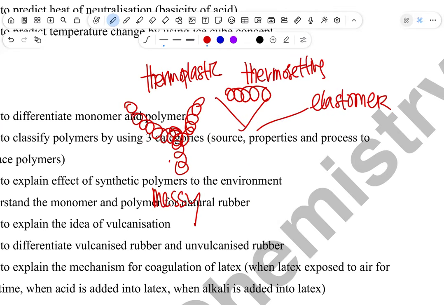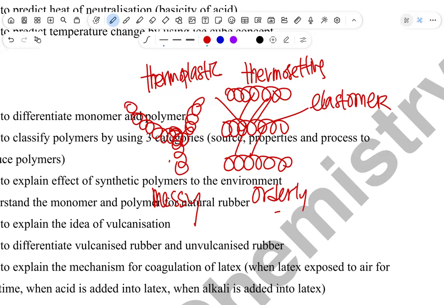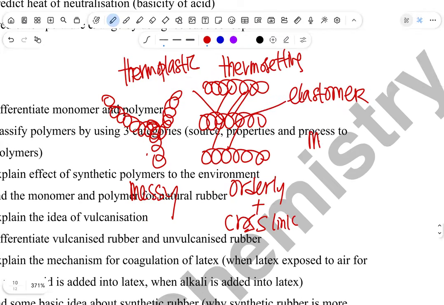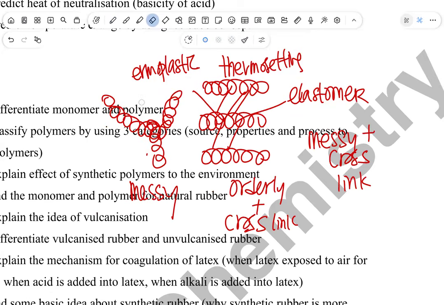If it is very orderly and has cross-links, it is thermosetting. If the diagram is messy and has cross-links, it is elastomer. I think I told you before how you look at the pictures and immediately know whether it's thermoplastic, thermosetting, or elastomer.